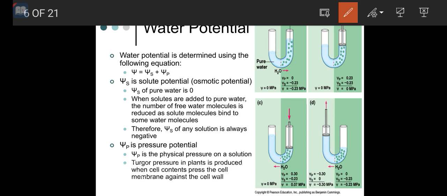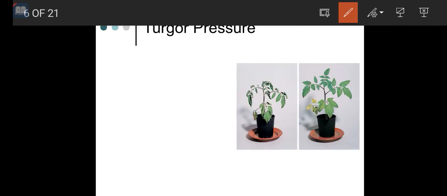And the pressure potential is the physical pressure on a solution. The turgor pressure in a plant is produced when the cell contents press the cell membrane against the cell wall.